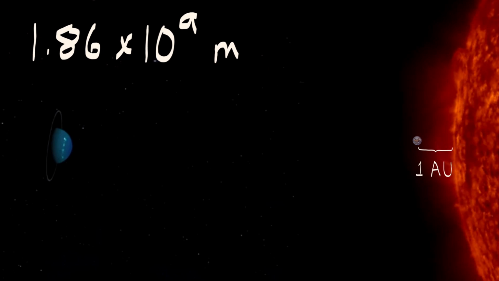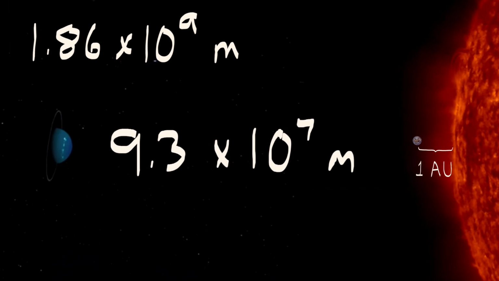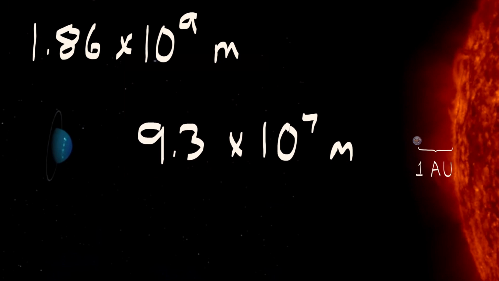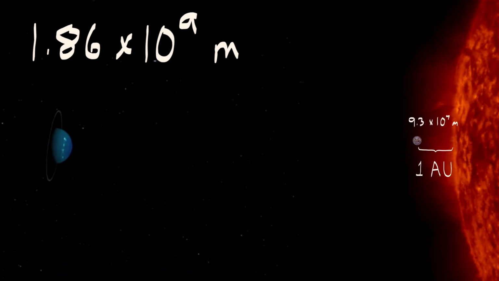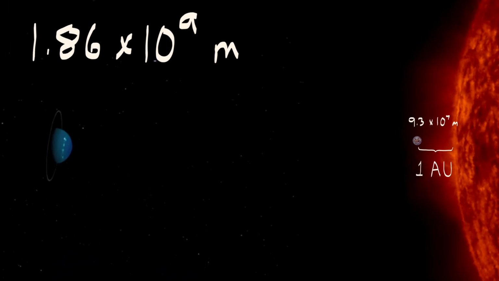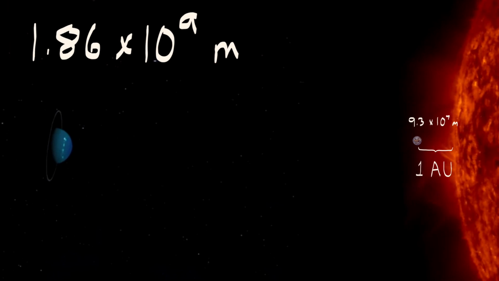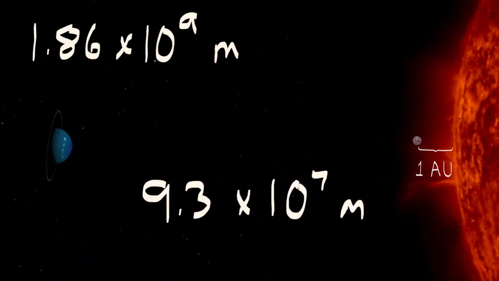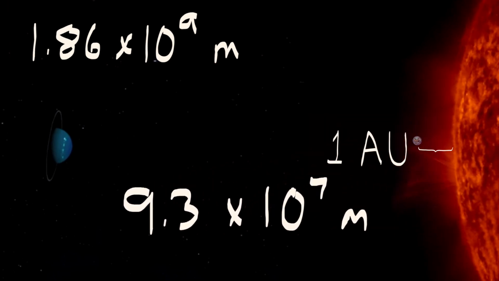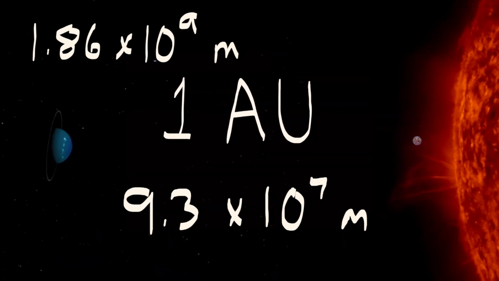So we can use 93 million miles, written as 9.3 times 10 to the 7th miles, and 1 astronomical unit to form our unit multiplier. Remember, we're wanting to convert from miles to astronomical units. That means we'll want the miles to cancel out, so we need to put the miles on the bottom of the unit multiplier, and we'll put the astronomical units on the top.